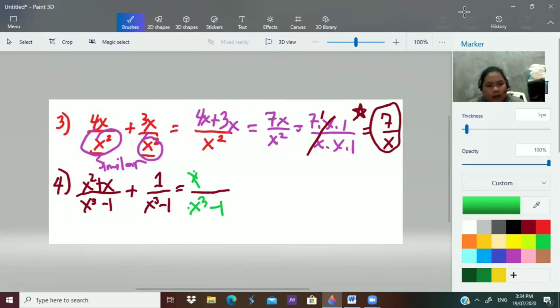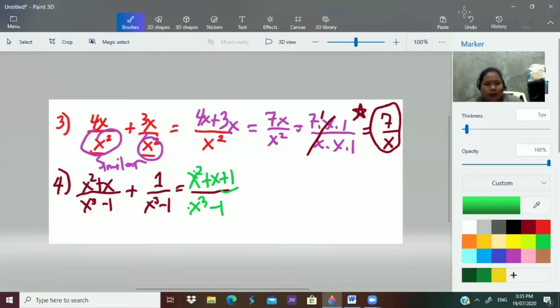So you have x squared plus x plus 1. Okay. Then, lastly, simplify. Now, sa unang tingin, mukhang hindi na isi-simplify yung ating given. Pero meron tayong kailangang i-simplify.